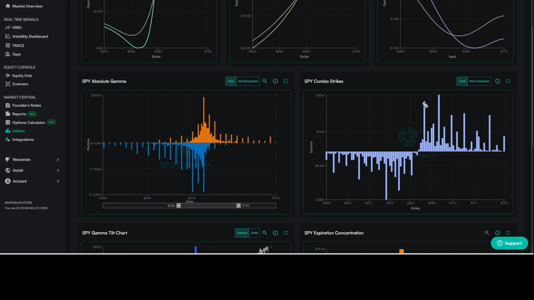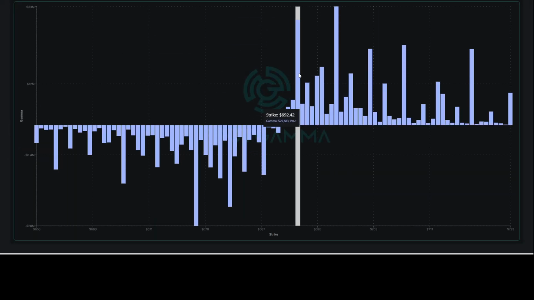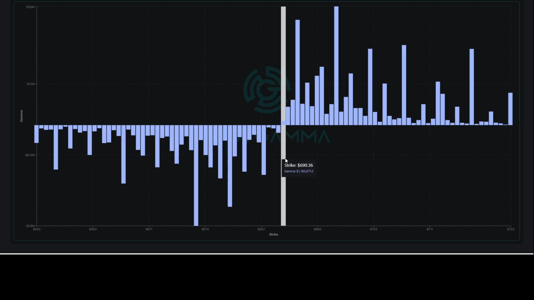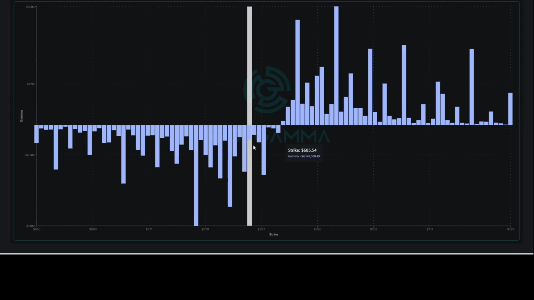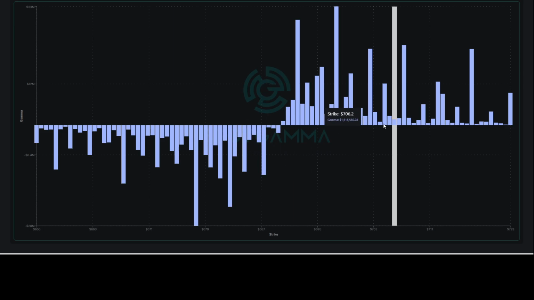In this case, this gamma and this gamma are shared for SPX too, not only SPY. See here, this big GEX level acts like support or resistance too, depending on what regime we are in, a negative regime or a positive regime.